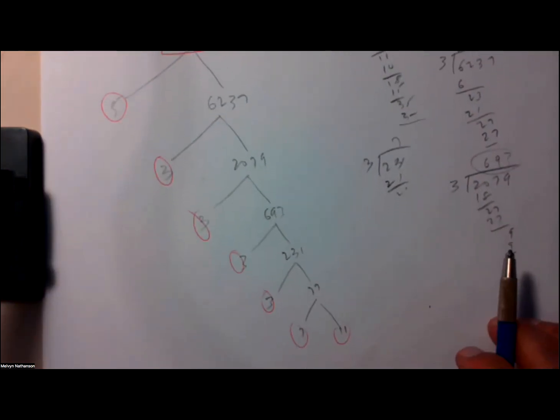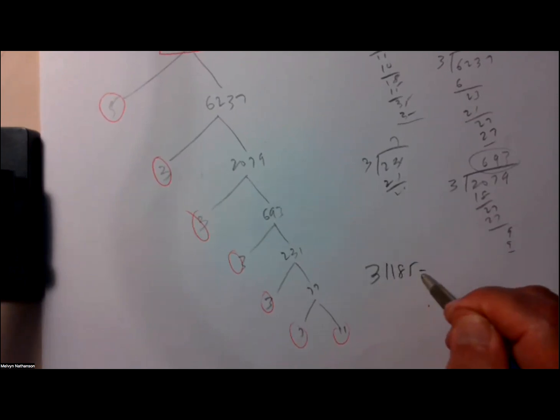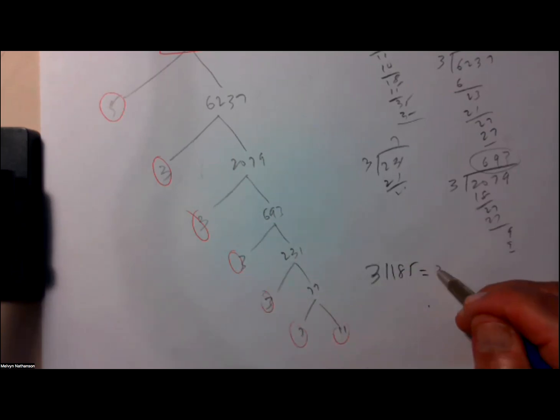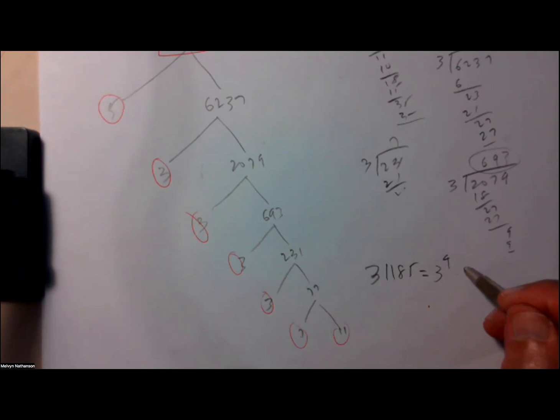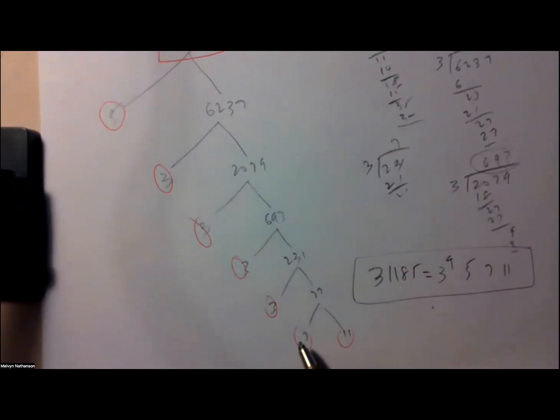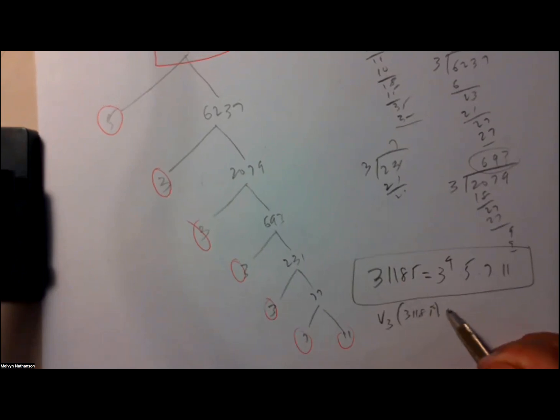So what that tells us is that 31185 is 3 to the 4th power, 5 to the 1st power, 7 to the 1st power, and 11 to the 1st power. That's the prime factorization of this number. So V3 of 31185 is 4.